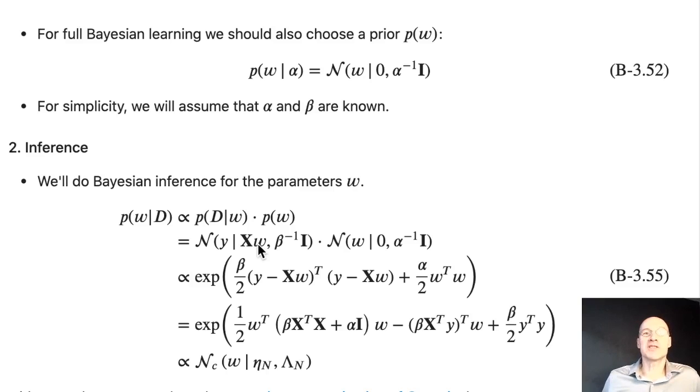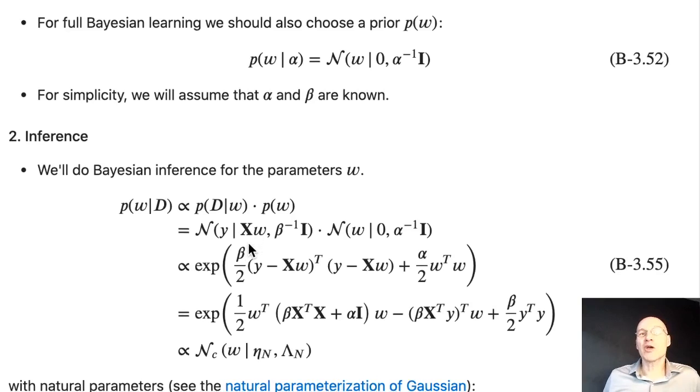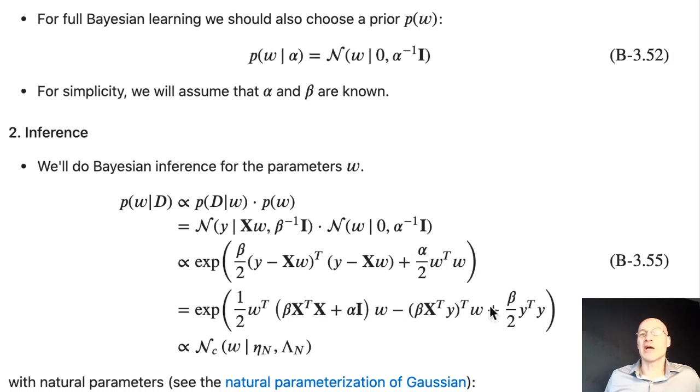What we can do is just work out the exponent of the Gaussian by writing out the exponent of this Gaussian, which looks like this, and the exponent of this Gaussian, which looks like this. So let's multiply that all the way out.